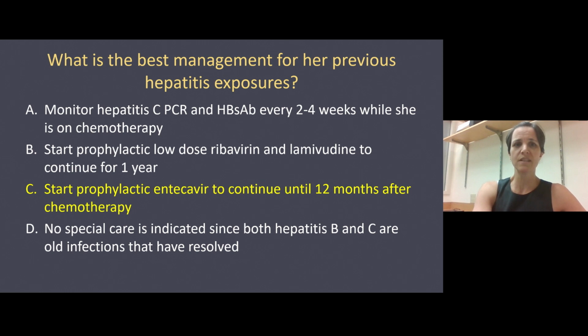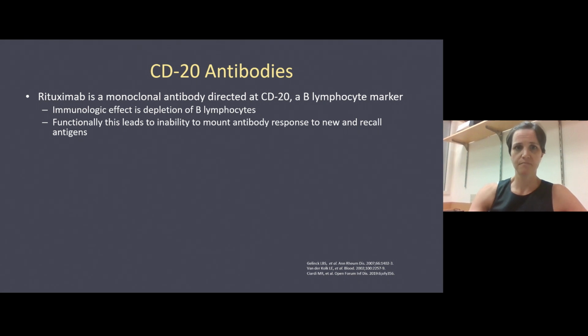What I will tell you is that hepatitis B can reactivate even if you've sort of cleared it. After you give something like rituximab, and we'll talk more about why you would choose prophylaxis or at least monitoring, but there is special care indicated. So CD20 antibodies.